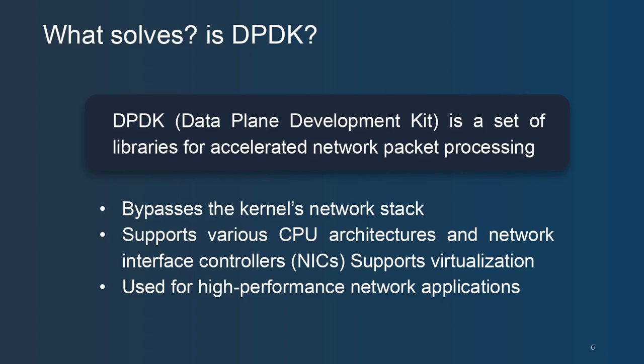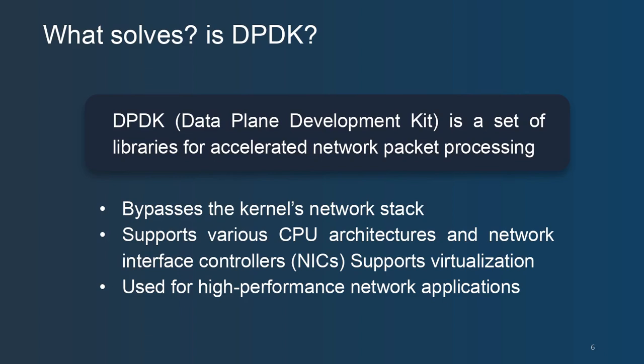DPDK is not a complete network stack. DPDK provides low-level libraries and drivers. These allow you to build your own fast path for packet processing. DPDK is also portable. It supports different CPU architectures and many types of network interface controllers.